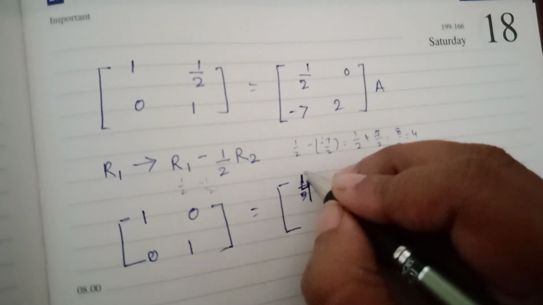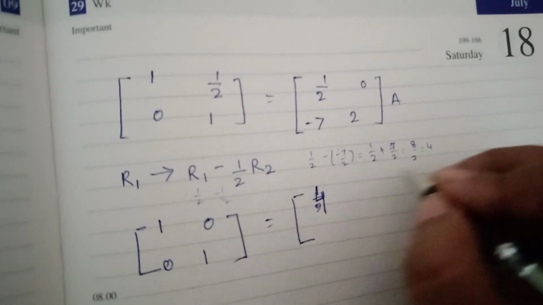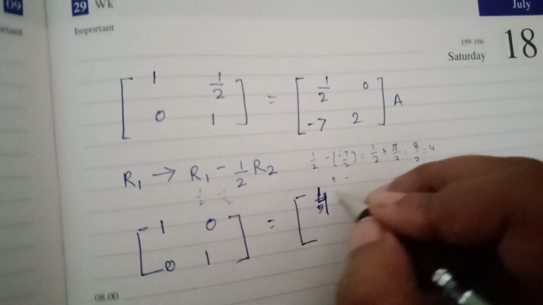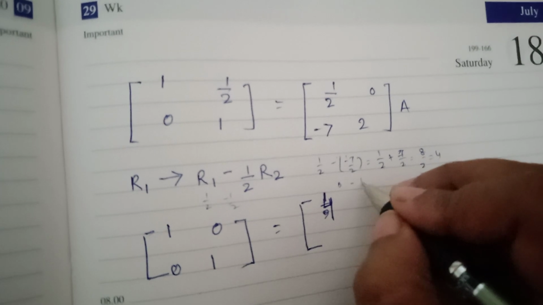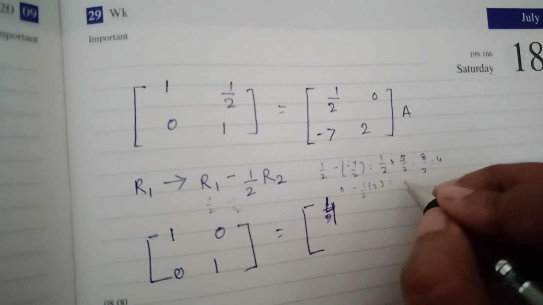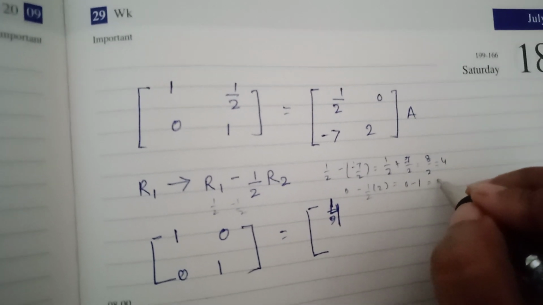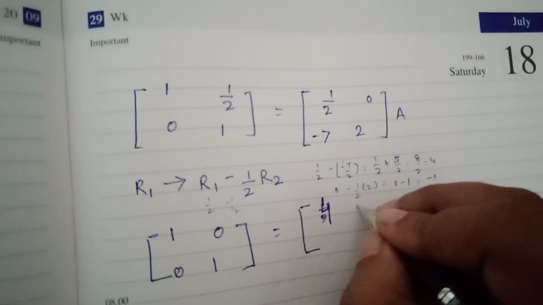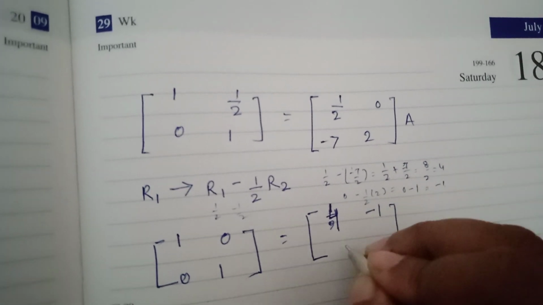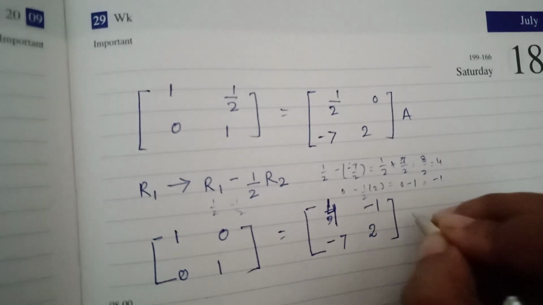And the next part, what do I have? R1, which is 0, minus half of R2. Half of R2 is 2, which is 0 minus 1, which is minus 1. So minus 1, minus 7 remains and 2 remains.